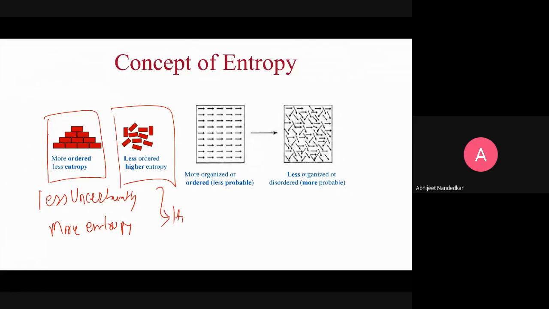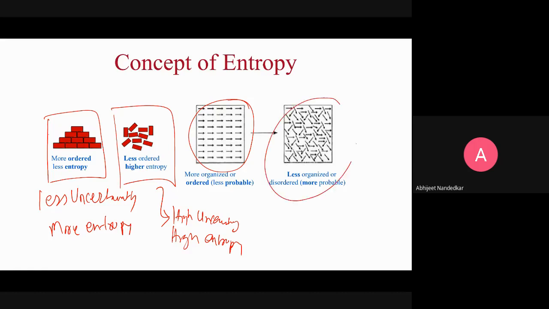High uncertainty, that is, less ordered things, then entropy is high. Here you have organized arrows, so you have less uncertainty and less entropy. But here you will see that there is a highly uncertain thing, so you have a high entropy.